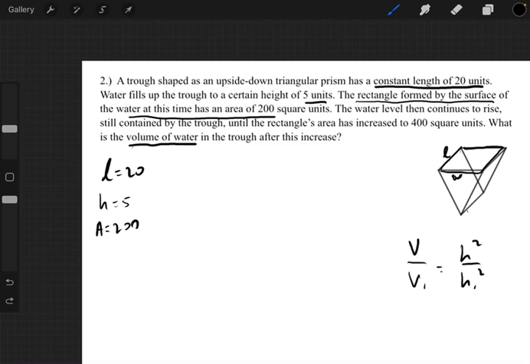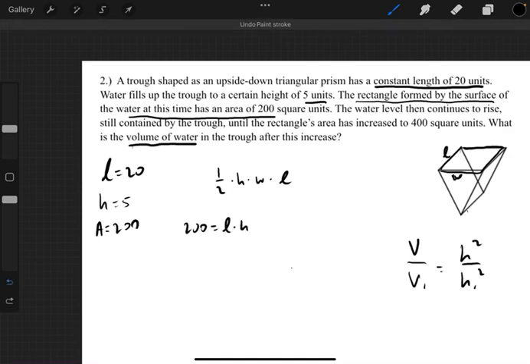Length is 20. It's a triangular prism, which means it's going to be the triangle part, 1/2 times h times w, times the constant length. Now, we can solve for width by saying that 200 equals length times width. 200 equals 20 times width.